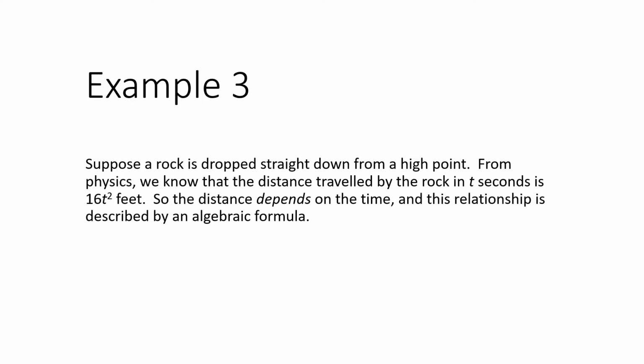A number is entered, input, the rule key is pushed, the rule, and an answer is displayed, the output. The formal definition of a function incorporates the same common features, input, rule, output, with a slight change in terminology.